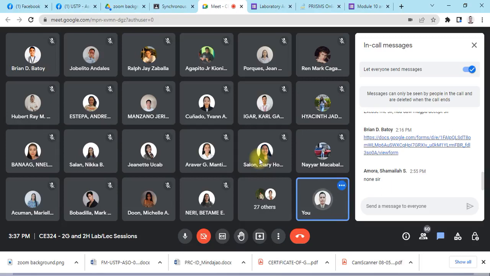But the method of peer evaluation stays by group, per single group, while the output is one for two groups. This applies to laboratory 4, laboratory 5, and the PIT. Okay, thank you, sir.